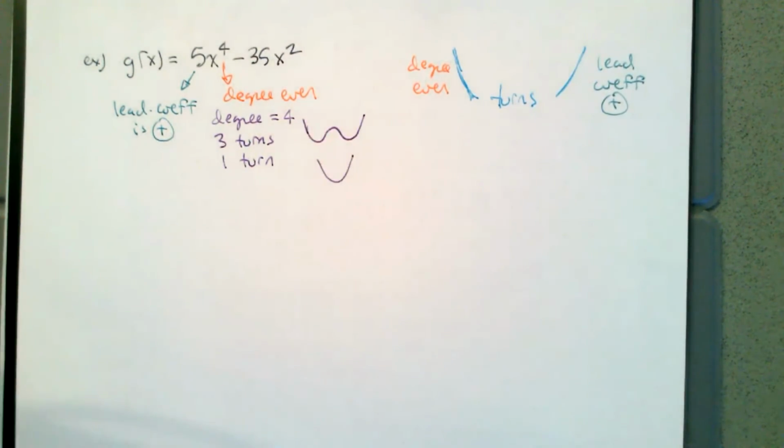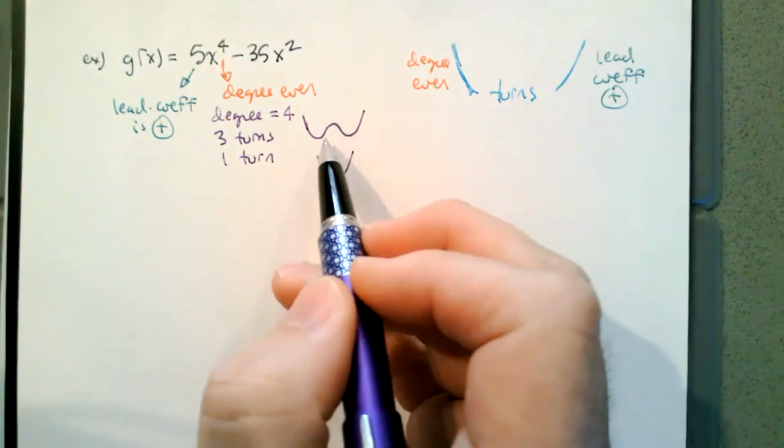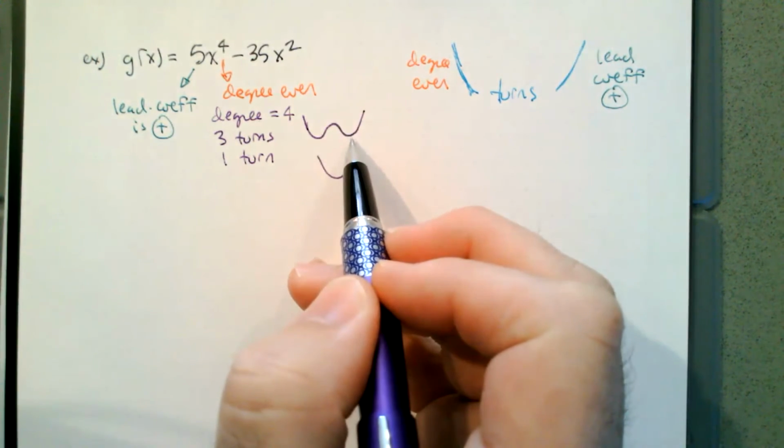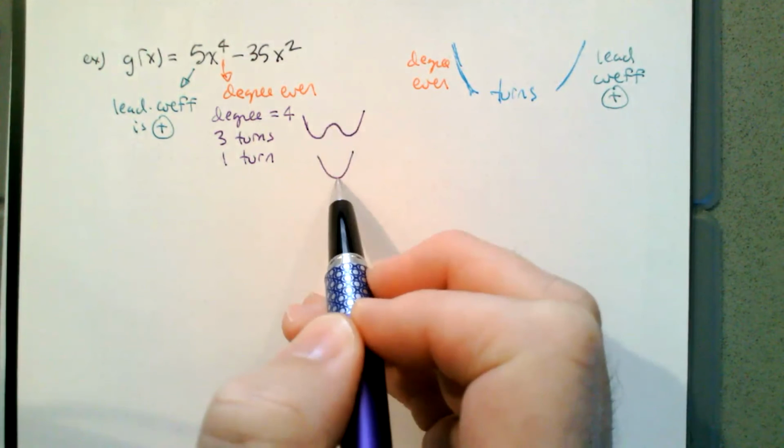If I tried to make an even number of turns, then the ends would go in opposite directions. So if we just know this about the polynomial, when we start looking for the local maximums and local minimums, we know we're either looking for 3 critical points, or just 1 critical point.